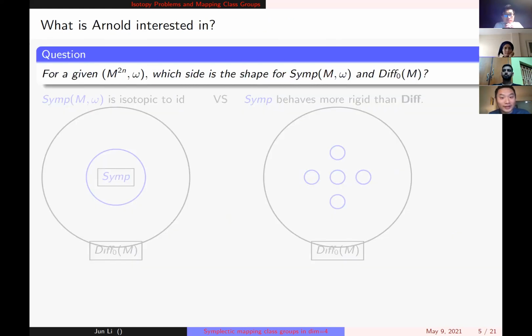Let's say a more detailed statement of Arnold's question. Okay, higher dimensional (M^2n, ω). Which side is the shape of Symp and Diff0? So here we are restricting ourselves to the identity component of Diff.